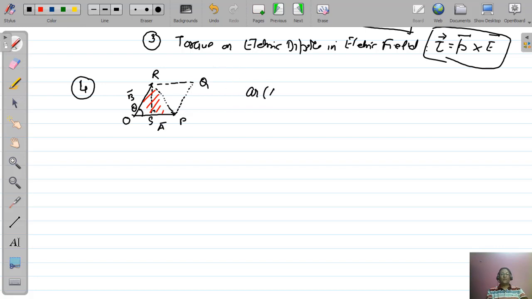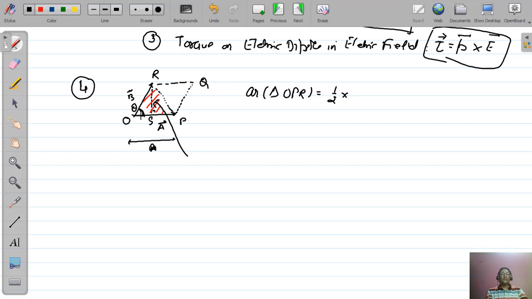Area of triangle OPR from the geometry is half of base. This is vector A, that means the length is A. Without an arrow we mention the magnitude. And this is B, meaning this length is B. This is theta.